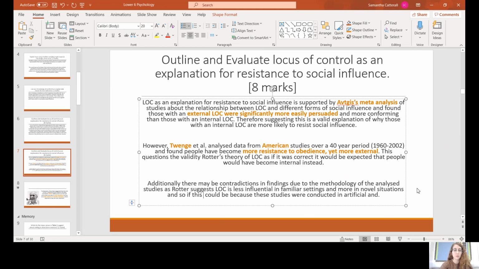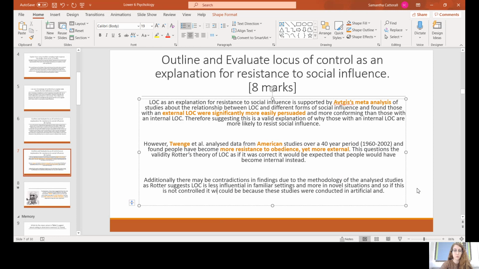And so not controlled, it will affect the validity. Control affects social influence. Yeah, it's a bit tricky with that point, to be honest.